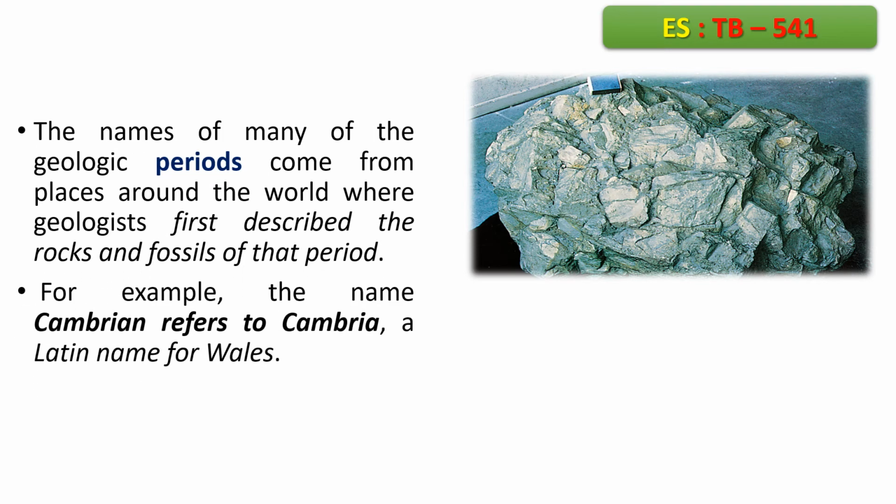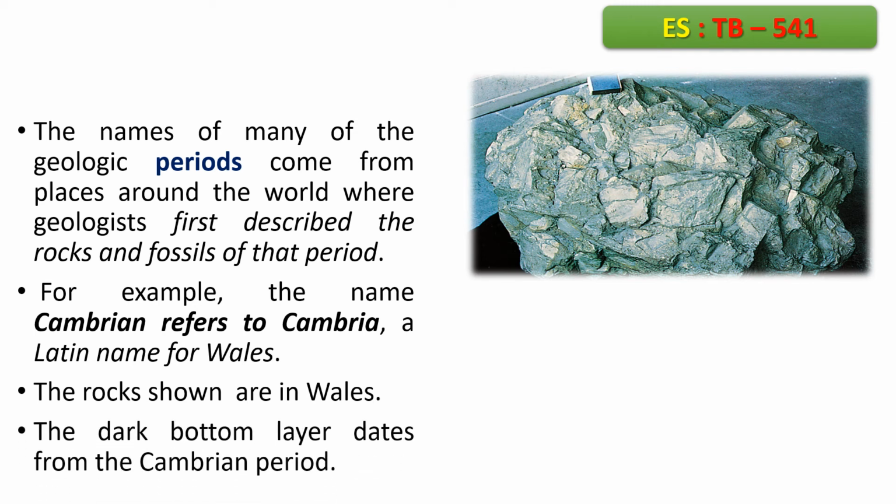The names of many of the geologic periods come from places around the world where geologists first described the rocks and fossils of that period. For example, the name Cambrian refers to Cambria, a Latin name for Wales.